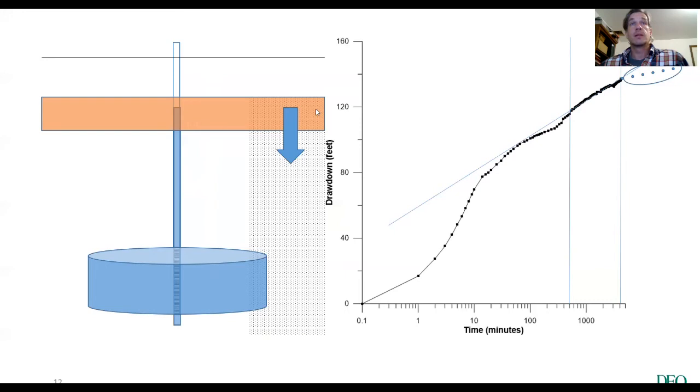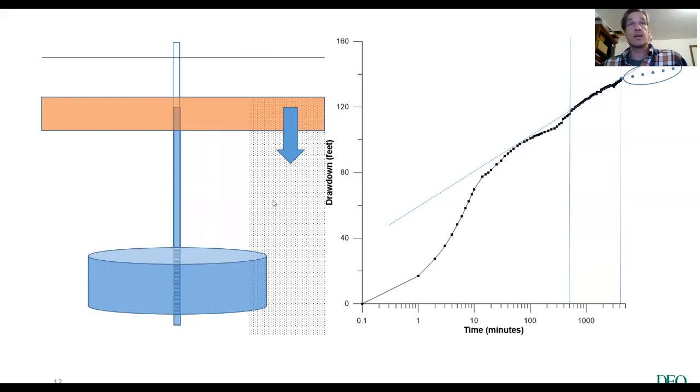And it could be something as simple as maybe a breach in the confining unit that's allowing water to leak down from saturated overburden, or it could be a river or something that is incised into the system and it's actually pulling water out of the river and causing extra water to be drawn into the system. And so drawdown doesn't proceed at the same rate it has been.